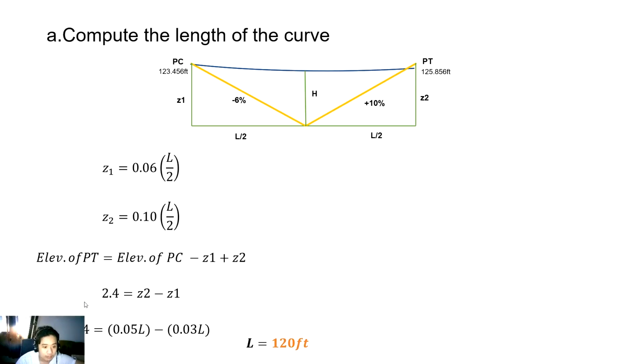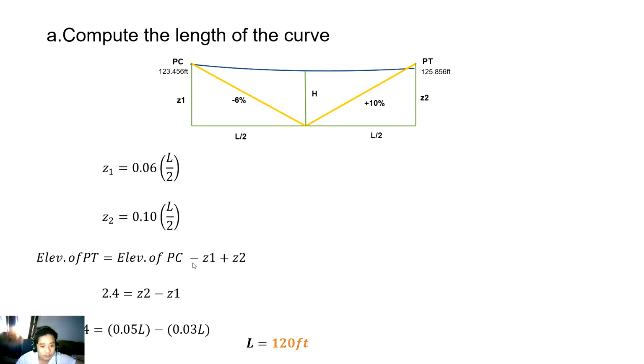Tapos, para naman makuha natin yung L, una, inilagay muna natin elevation of PT equals to elevation of PC minus Z1 plus Z2. So, sa elevation of PT, 125.856 feet equals to elevation of PC, 123.456 feet minus Z1 and Z2.